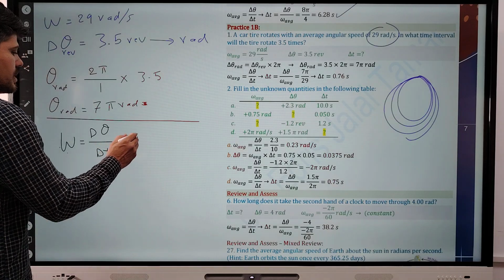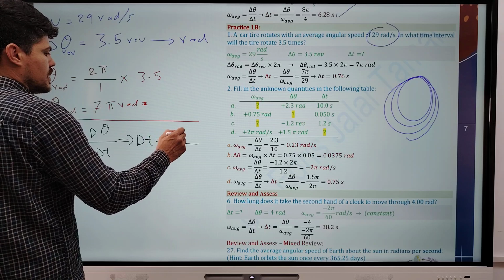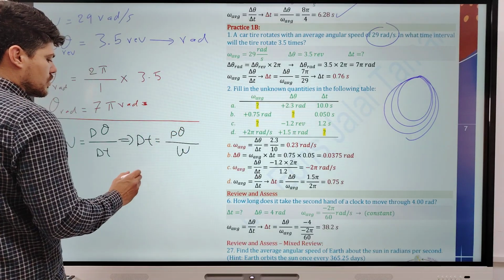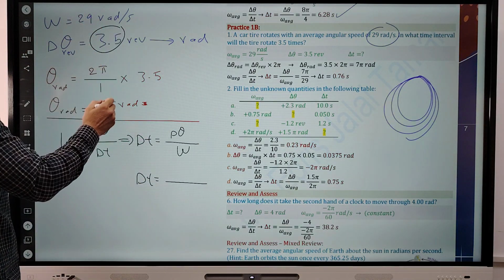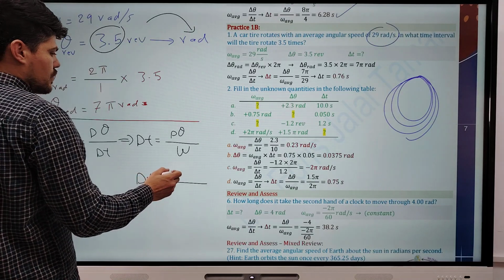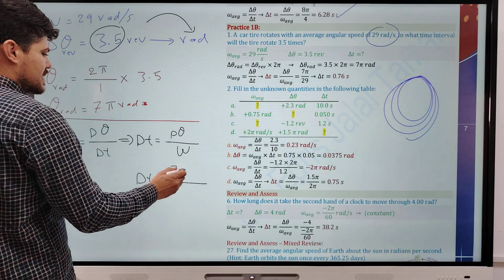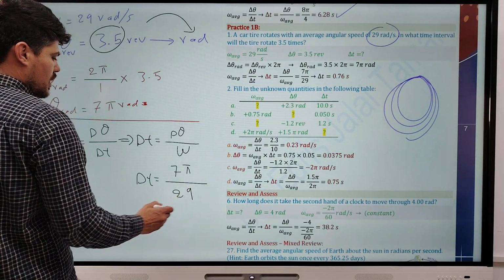So rearrange the equation to find time. t is equal to what? t is equal to theta divided by the angular speed. The theta was given in rev, but we converted it to rad by multiplying by 2 pi, which equals 7 pi rad, divided by 29.